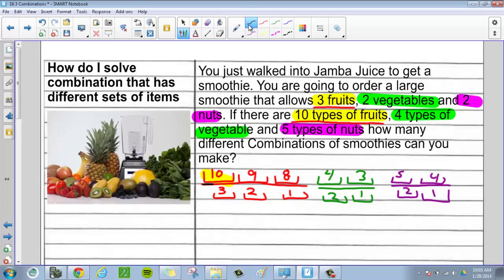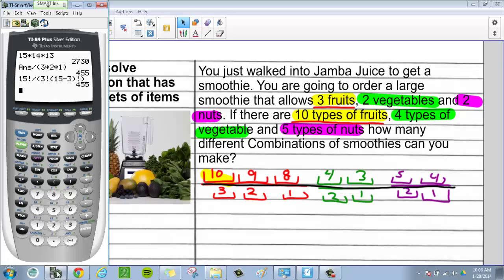I set this whole thing up, and now I just need to put this into my calculator. I wonder, could I simplify? Yeah, I could maybe cross some things off, like this 3 and that 3, but let's just put it all in one thing. The key thing to do here is to be careful when putting it in our calculator, and use parentheses for the numerator and the denominator. So I got my parentheses.